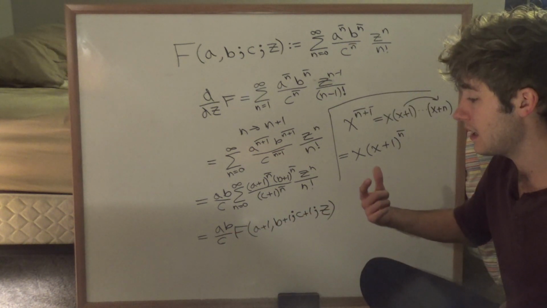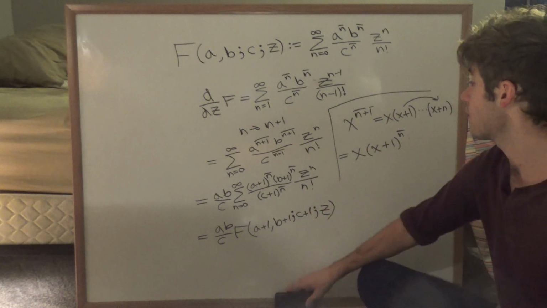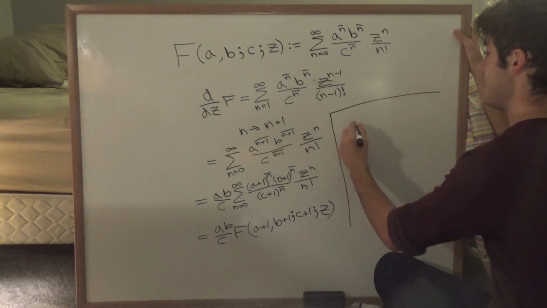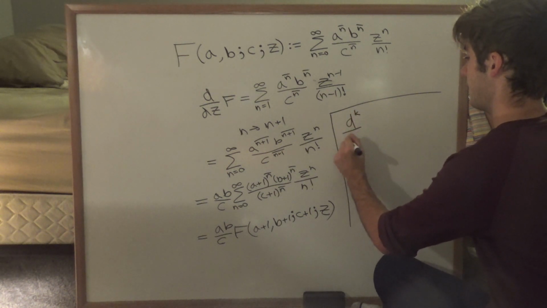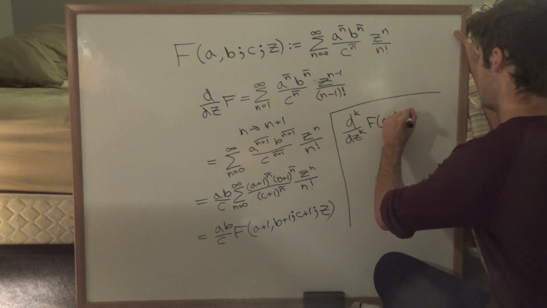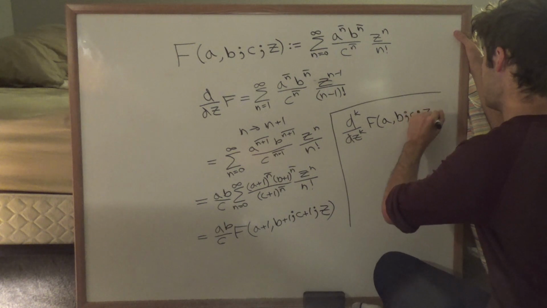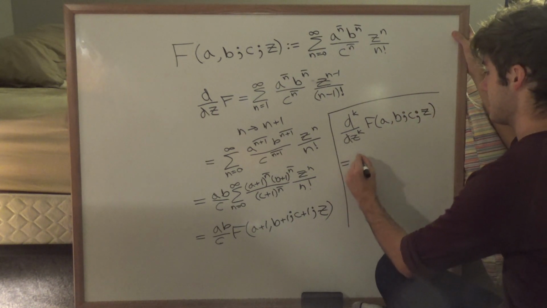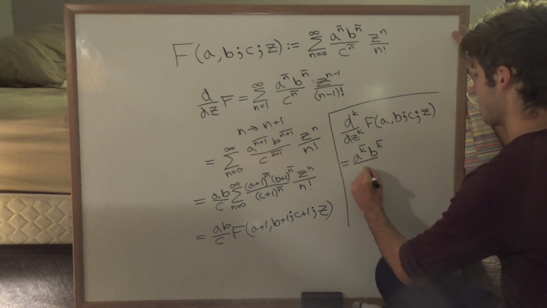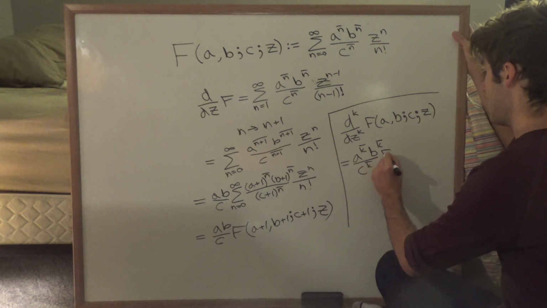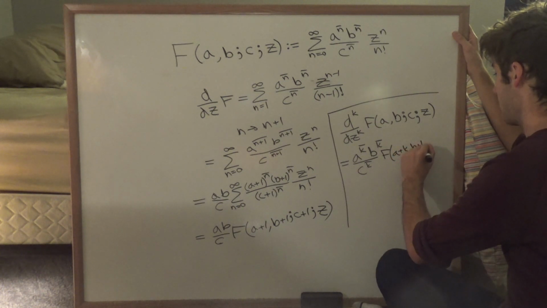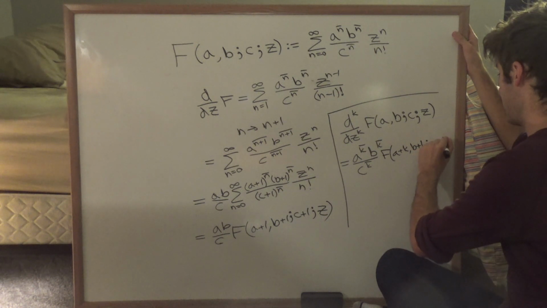And so that would be, if you carry that forward again and again and again, you derive the very interesting result that, let's call it the kth derivative, so taking the derivative k times of f of a, b, c, and z is simply the kth rising factorial of a times the kth rising factorial of b divided by the kth rising factorial of c times the hypergeometric function f at a plus k, b plus k, semicolon, c plus k, semicolon, z.